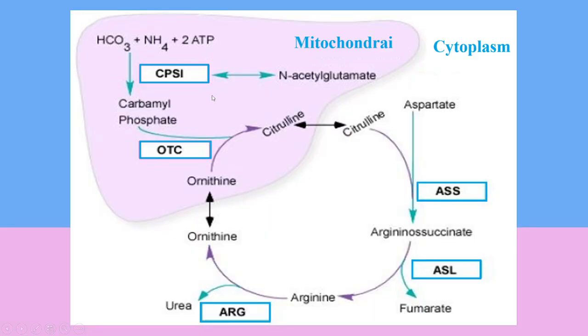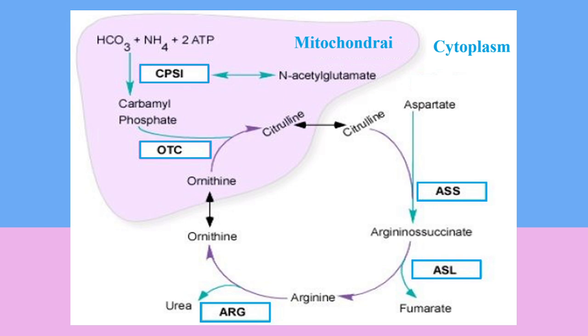So in the mitochondria, there is condensation of carbon molecule in the form of bicarbonate with ammonium ion and two ATPs to form carbamoyl phosphate, and the enzyme catalyzing this reaction is carbamoyl phosphate synthase 1.